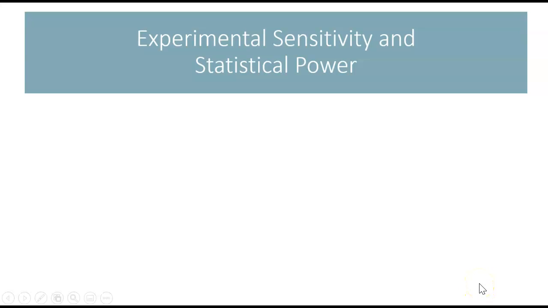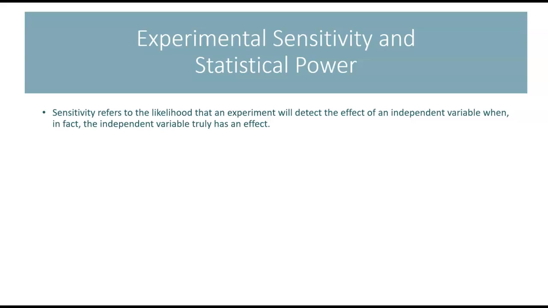Your authors talk about, and I mentioned earlier, it's starting to become more normative in psychological science to report measures such as sensitivity and power when we report our results. It's not completely ingrained yet, but it's getting to be more common.